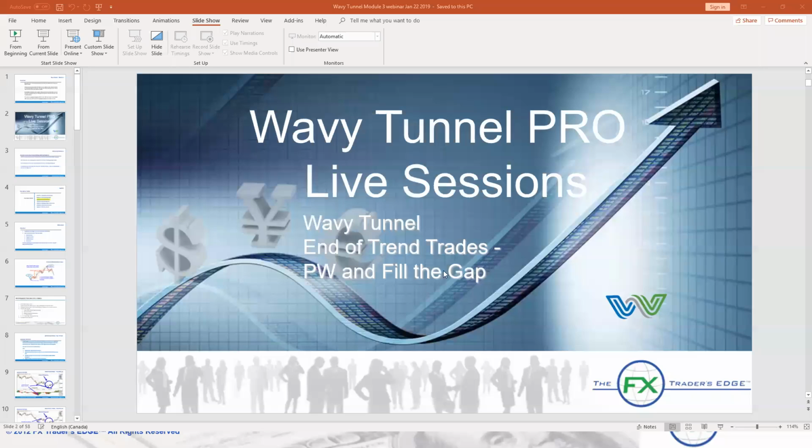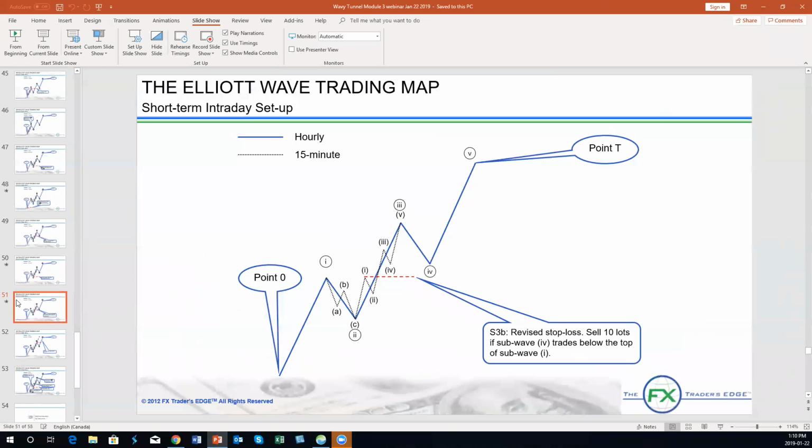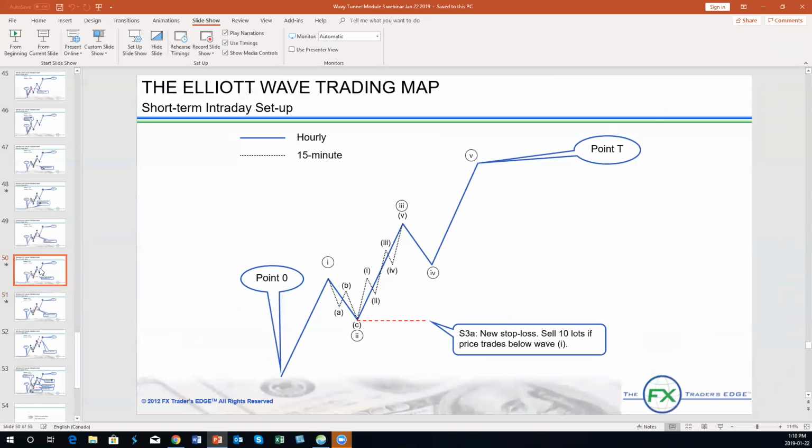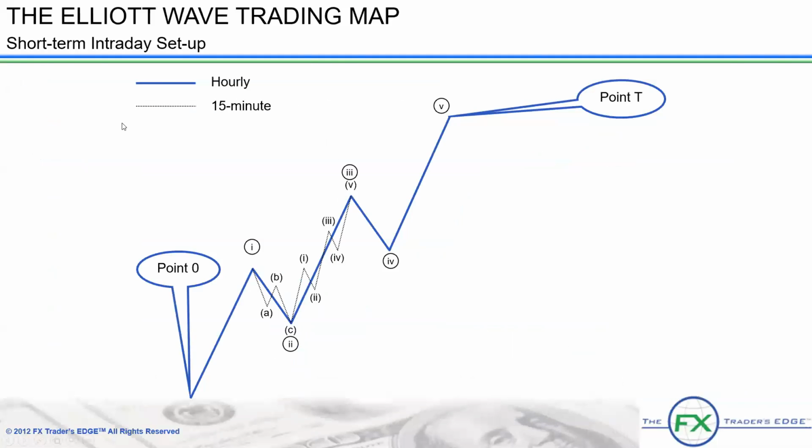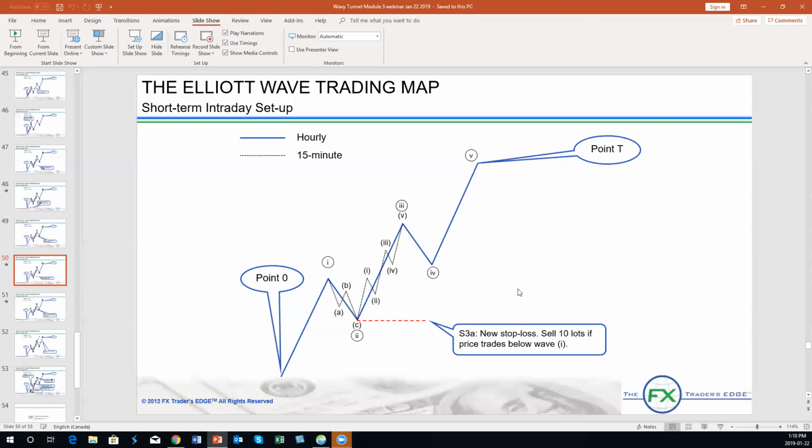Let's just look at the new stop loss. Once you buy above the wave 1, your new stop loss is at the start of wave 1, okay?